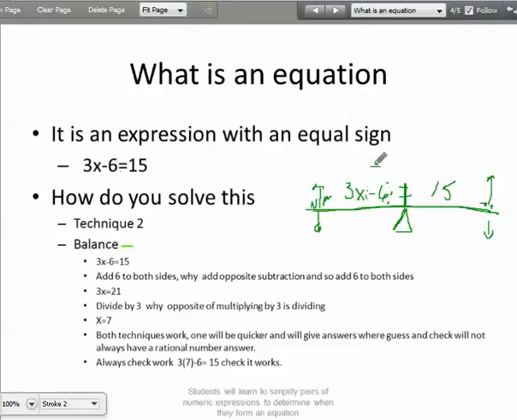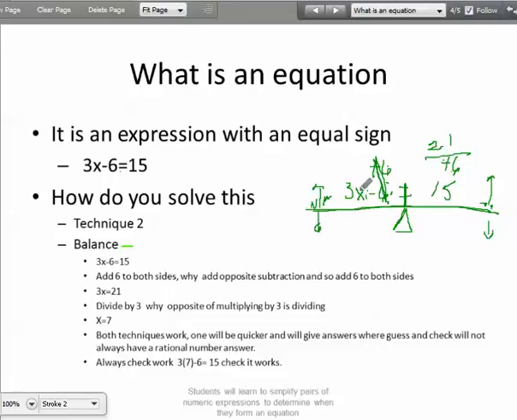What if I added 6 to this side of the equation? Well, I need to add 6 to this side over here so that they remain balanced. But plus 6 minus 6 winds up being 0. So those cancel each other out. And I wind up with a 21 on this other side over here. And I've got 3x is equal to 21.